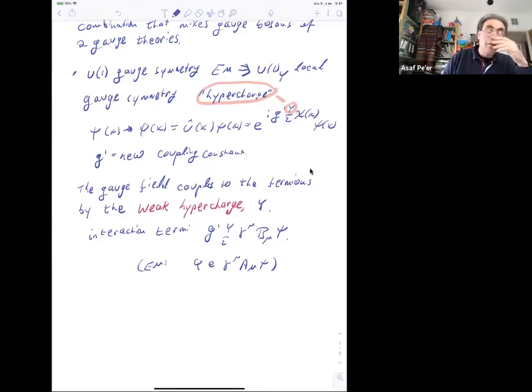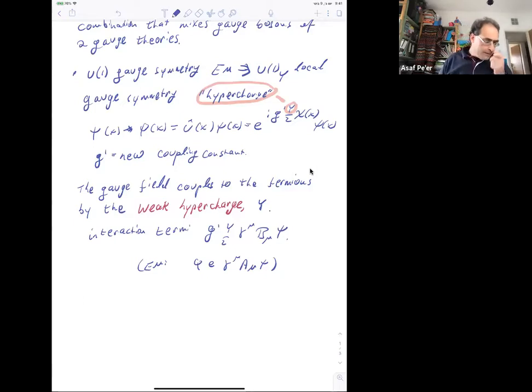And that means that, the same way as we treated the electromagnetic charge by saying every fermion has some electric charge Q, plus or minus 1, or it can be 0, rather than that, we're saying that every fermion carries some hypercharge Y, which will tell you what it is.